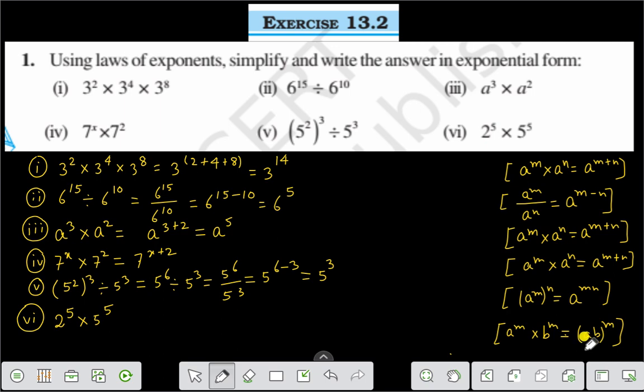We will apply this formula, a to the power m into b to the power m, to get ab to the power m.